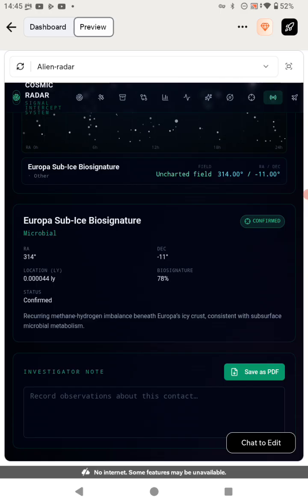Now, again, the ice on one of these planets, again, is an alien life form, because it is some sort of life form for a particular planet, particular star. You can write your investigation notes there, and again, you can save this whole page as a PDF.